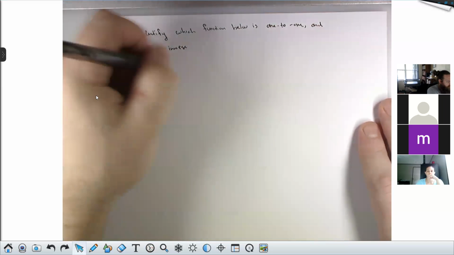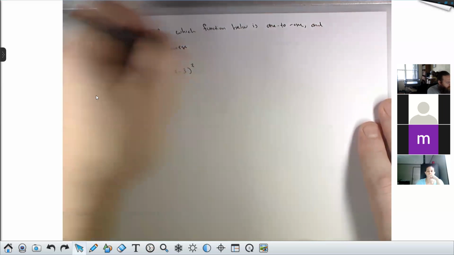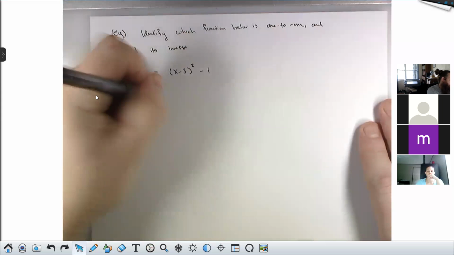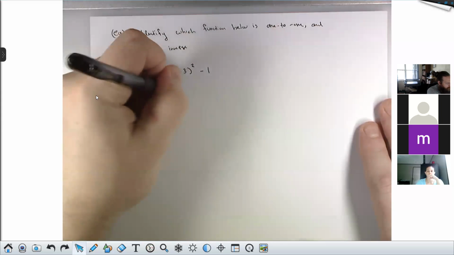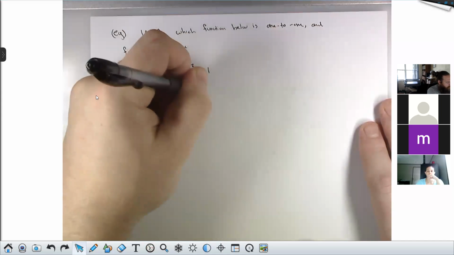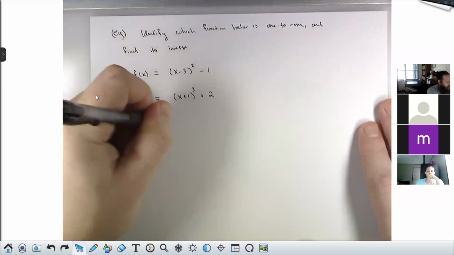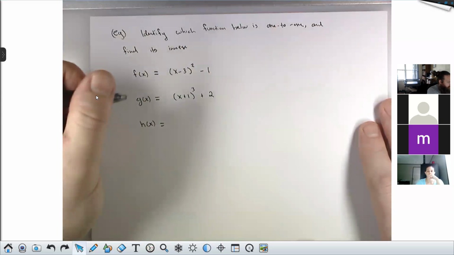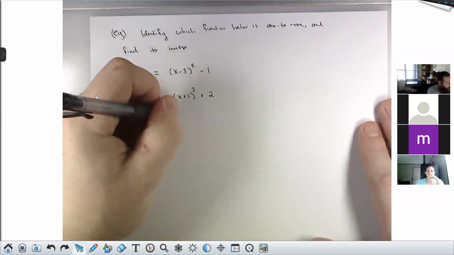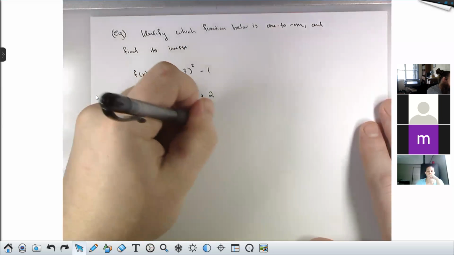For f of x, I'll use (x minus 3) squared minus 1. For g of x, I'll use (x plus 1) cubed plus 2. And for h of x, how about 2 times the absolute value of x minus 3.